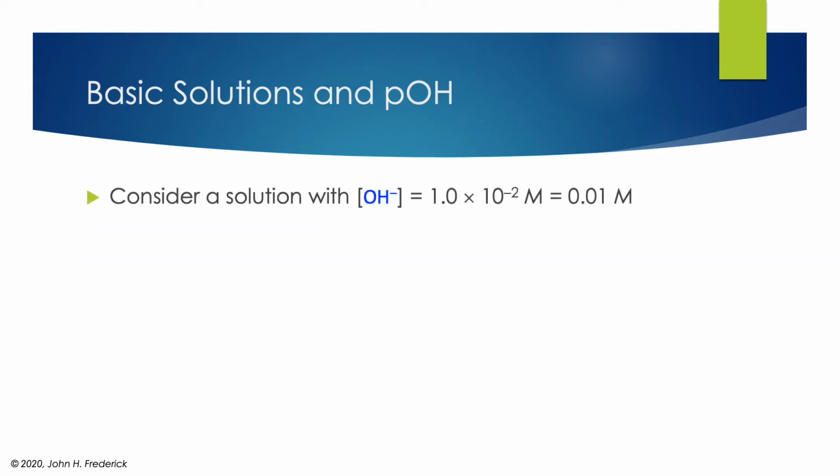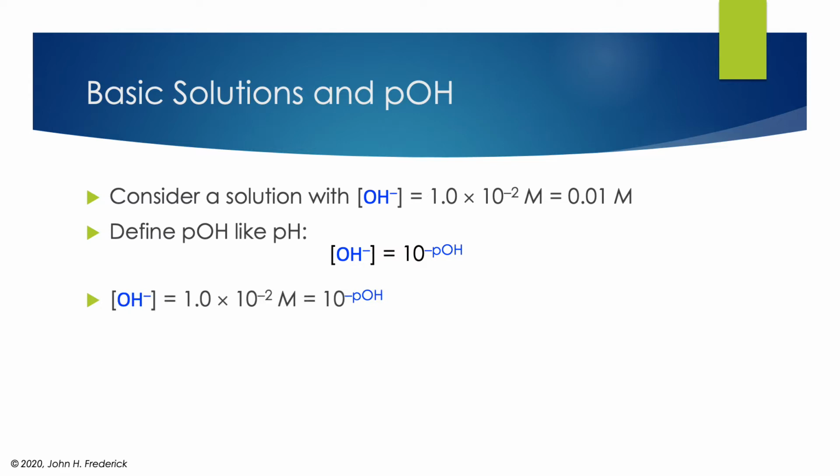Let's start by considering a solution where the hydroxide ion concentration is 1 times 10 to the minus 2 molar, or 0.01. We're going to define pOH just as we did for pH, where the hydroxide ion concentration is formally defined as 10 to the minus pOH power.